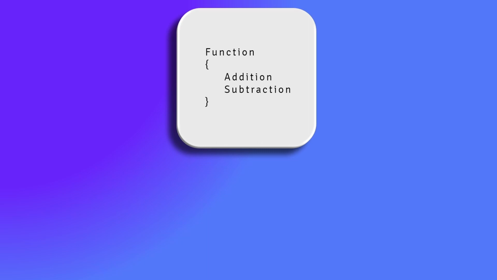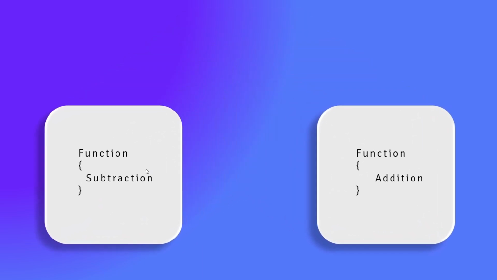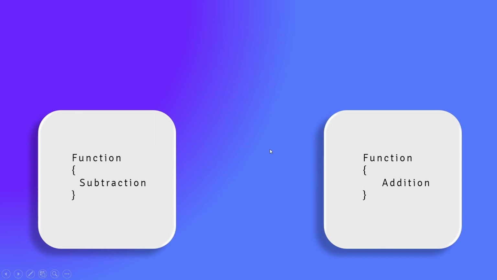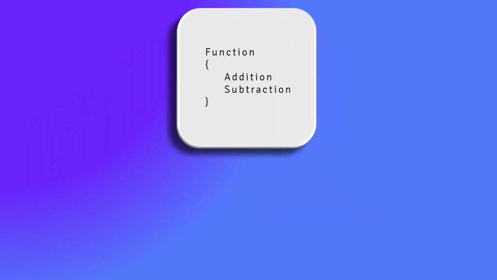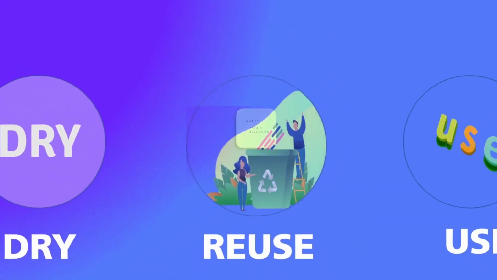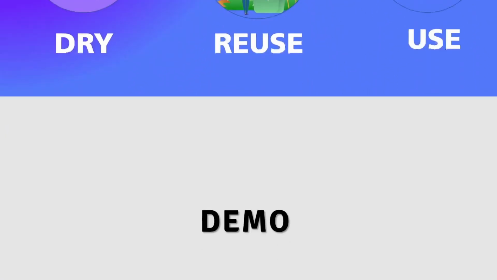We have functions called addition and subtraction, and we can separate them into functions so we can reuse them wherever we need. Till now, we have seen the important concepts of custom hooks. Next, we are going to see the practical demonstration of custom hooks.